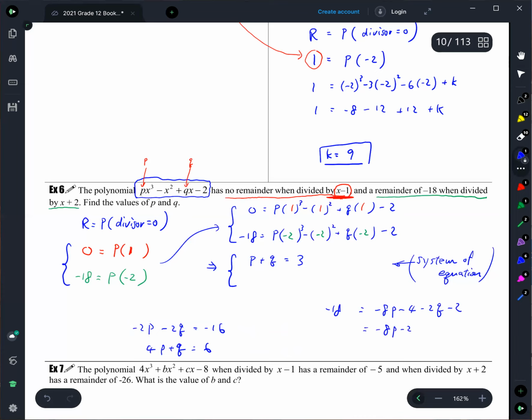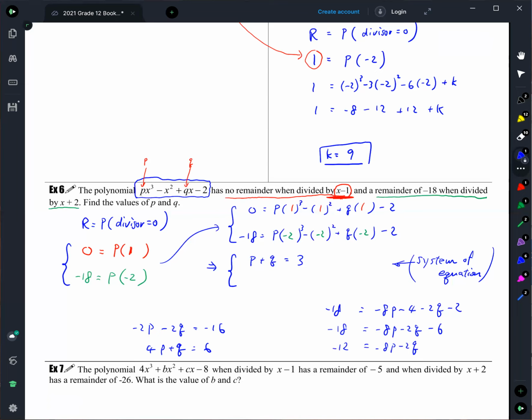Negative 8p minus 2q minus 6, because negative 4 and negative 2 give you negative 6, equals negative 18. Move the negative 6 over, which should give you negative 12. Okay, so I guess you divide everything by negative 2, right? If you do that, it will be 4p plus q equals 6.